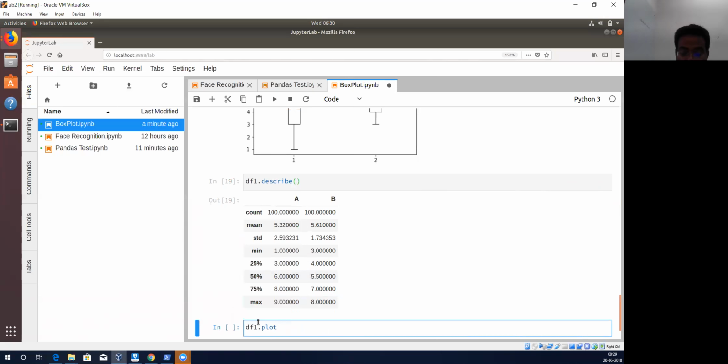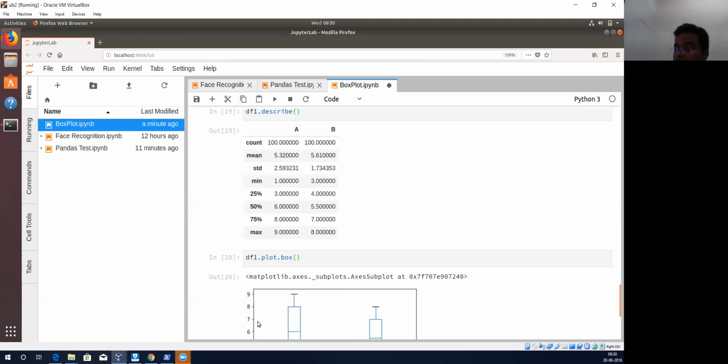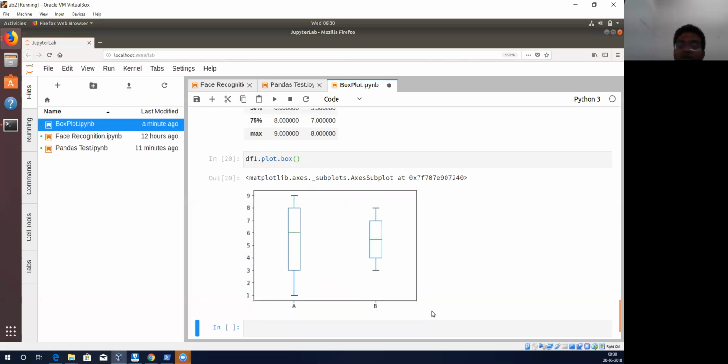Here you have all the options now. Box plot is not listed here, right? But you can directly do this box. Got it, right? So which is better? Doesn't matter. Up to you. Functionality-wise, there is no performance difference and all that. If you have a data frame and directly want to do some plotting, you can do that. Got it, right? That was box plotting.